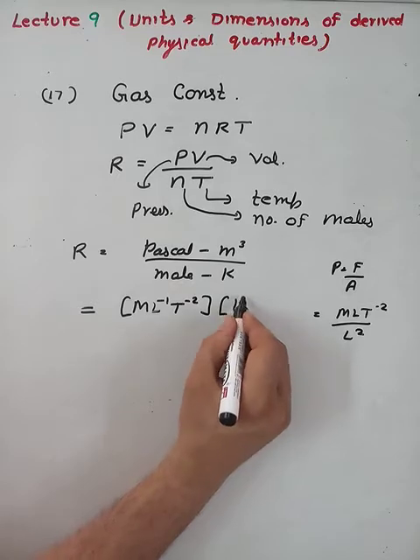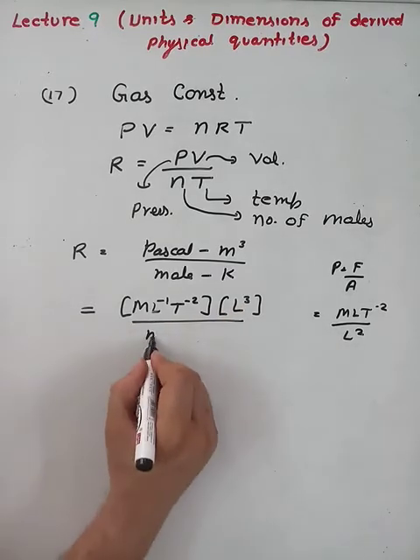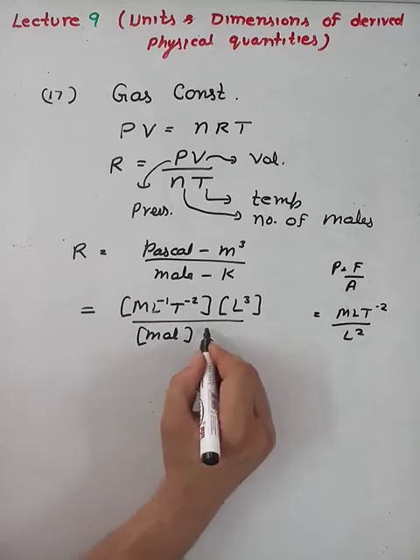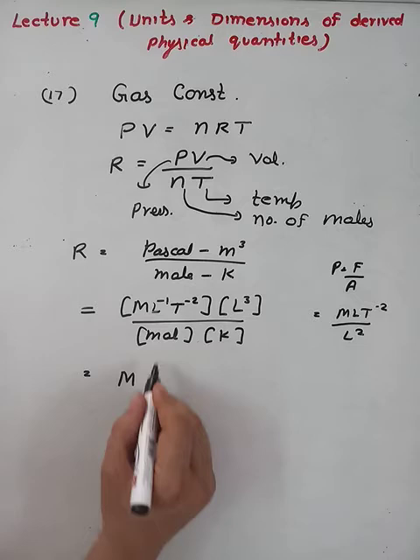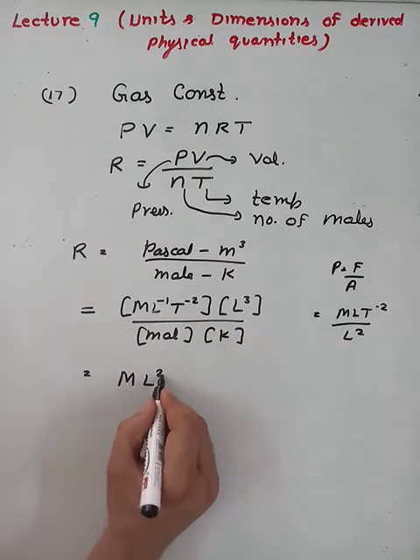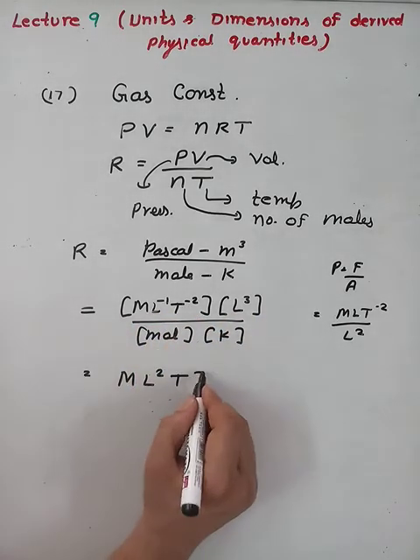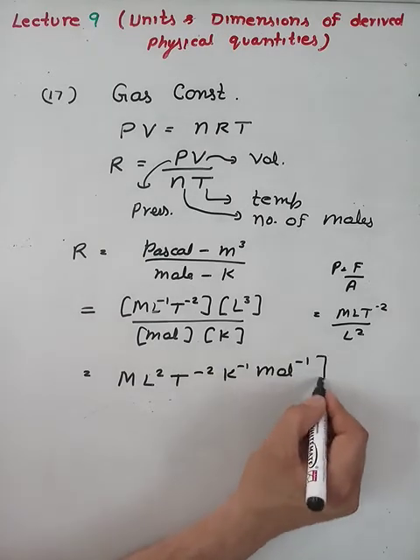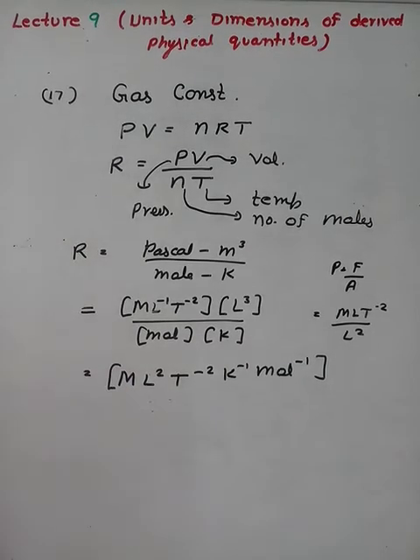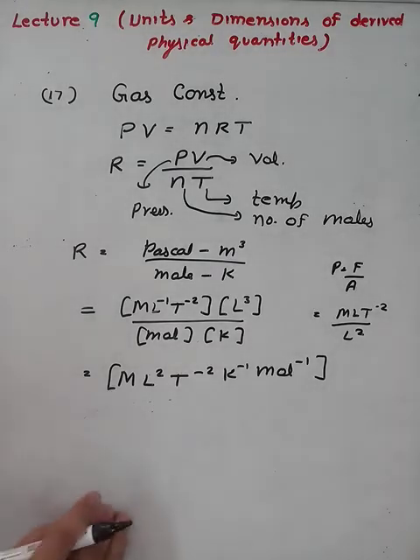That of meter cube is L3, mole is there, and Kelvin is K. So M is here, L minus 1 and 3 gives L2, T minus 2, K minus 1, mole minus 1. This is the dimension of the gas constant. In this way you can find out the dimension of any parameter if it is known to you. You should know about this.